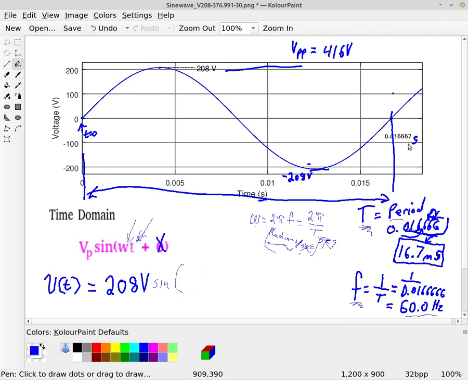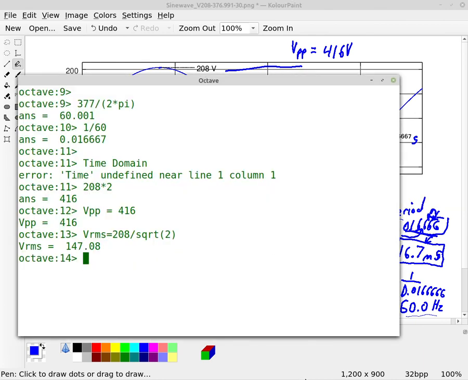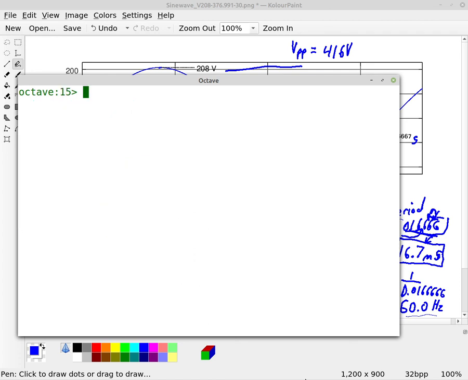So we need to take 2 pi f, which is 60 hertz, times 2 times pi. I'm using the Octave software here, where pi, of course, is our irrational constant of 3.14159, and so on.